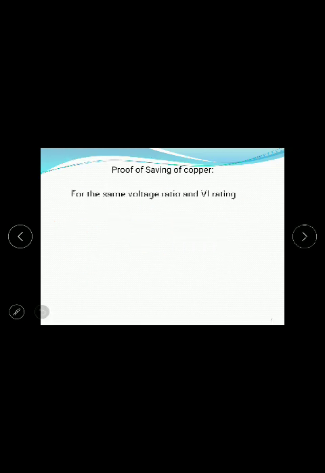Proof of saving copper. Here, the auto transformer winding is one winding, common for both primary and secondary. So how can we save the copper? That is proved here. For the same voltage ratio and VI rating, it requires less weight of copper when compared to an ordinary transformer.